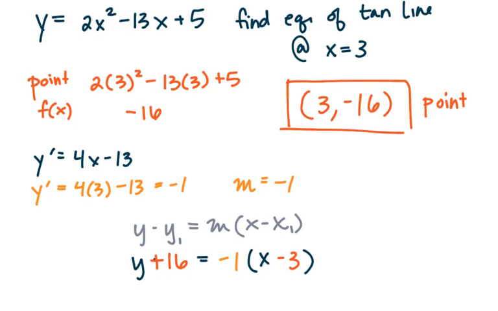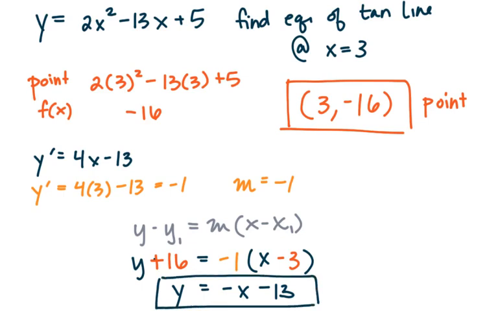So the equation of my tangent line would be -x plus 3 when I distribute, and I subtract 16 from 3. That gives me minus 13. So the answer for the equation of my tangent line at that point is y equals -x minus 13.